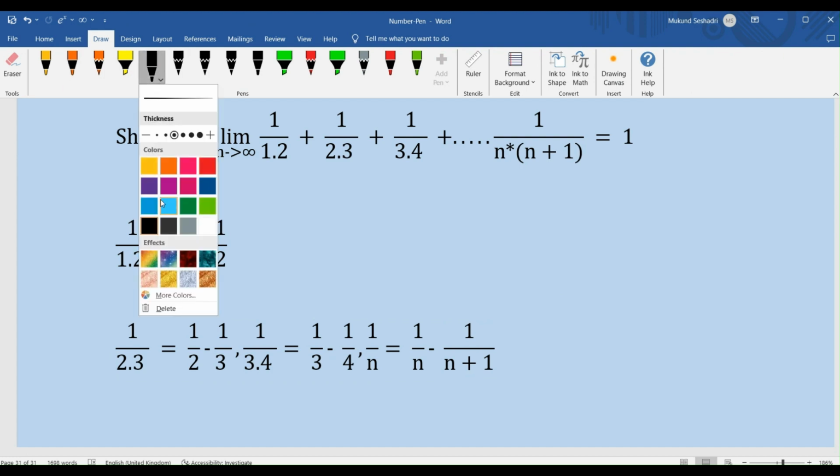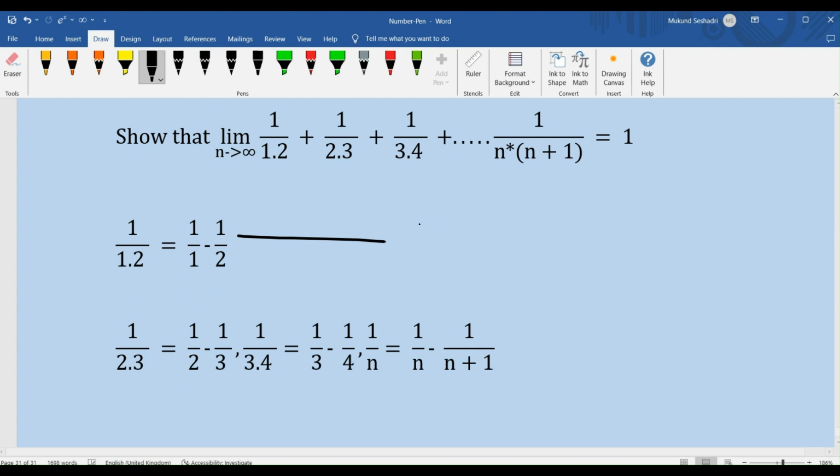This is my first term in the expression, and similarly I have my second term here and my third term here. And as n tends to infinity, I can represent my nth term as 1 by n minus 1 by n plus 1. Now what we've been asked to find is the sum of each of these terms, represented by 1 by n into n plus 1, and show that it is equal to 1.